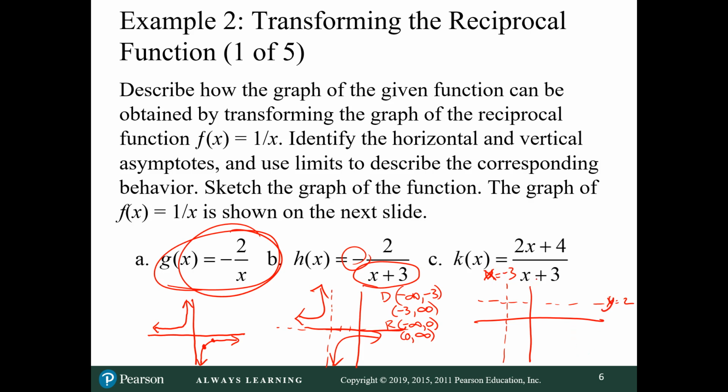And if I want to test, put in a 0 here, I get 0 4/3, which is down there. If I go like negative 2, I get negative 4 plus 4 is 0. So it's like this. So it must go like this, just like the other ones.